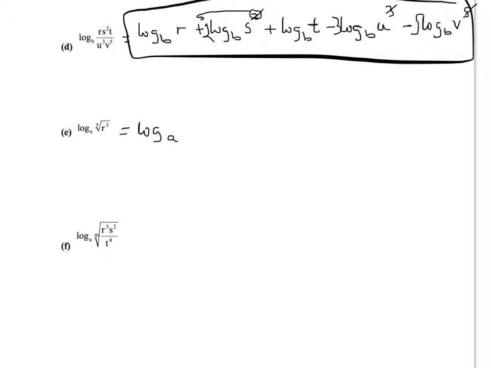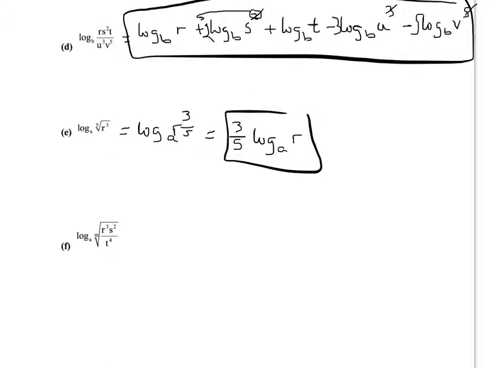So 5 has to be in the denominator because it's the root, and the exponent of 3 on the r goes to the numerator. This is log base a of r raised to the 3/5 power. Now I can use that power rule, and when I pull down that fraction exponent, I get 3/5 log base a of r.